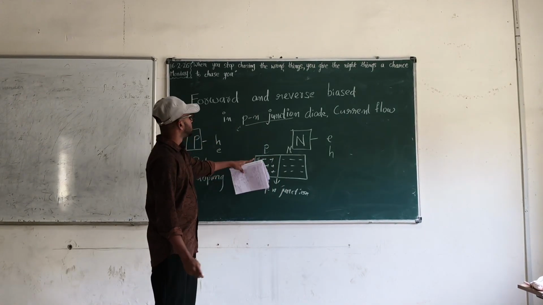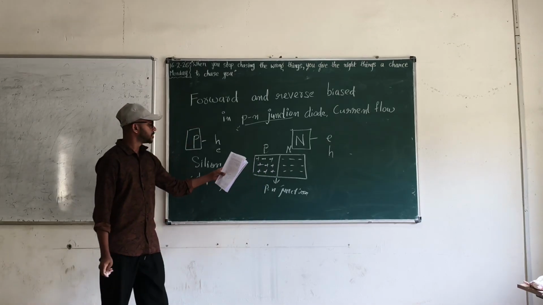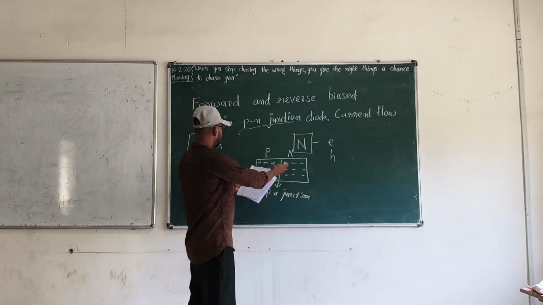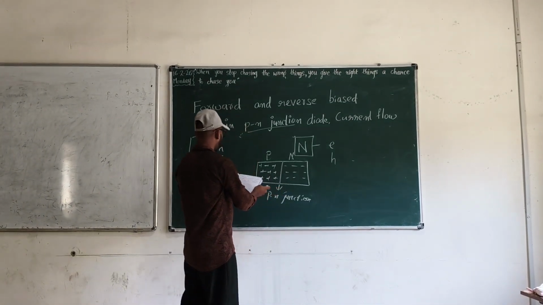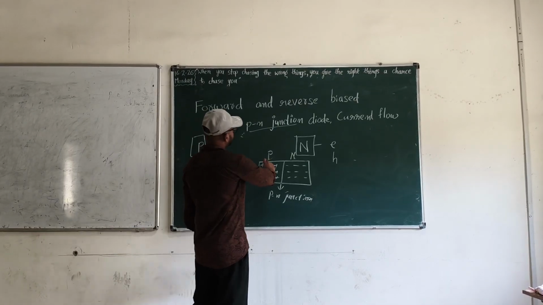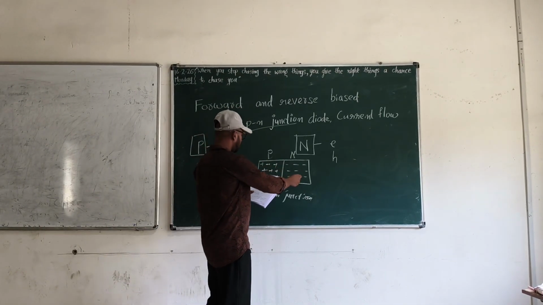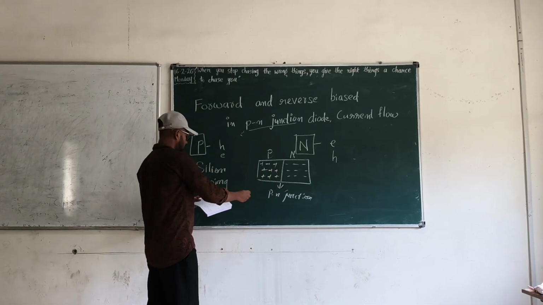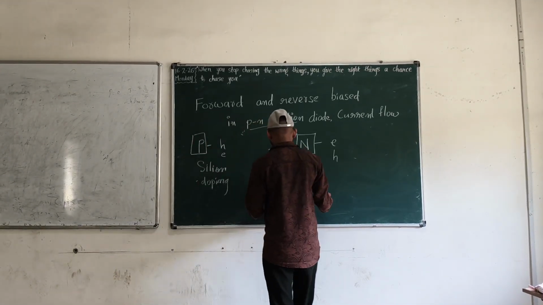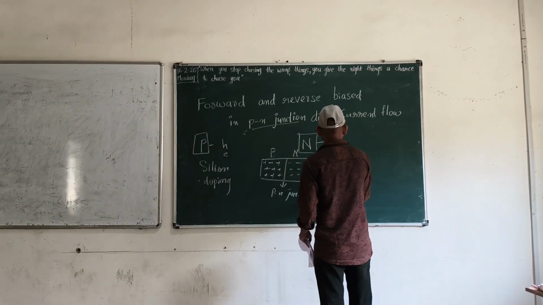Similarly, holes in the p region cross the junction and diffuse into the n region. As electrons and holes cross the junction, they recombine with each other.